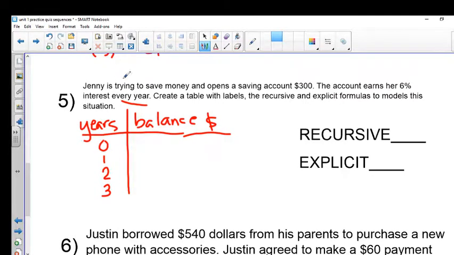Okay. So Jenny is trying to save money. She opens a saving account with $300. So this is not even a year, so she automatically has $300, right? Okay. And it says her account earns her 6% interest every year. So we know that means percent. We have to change this to a decimal.